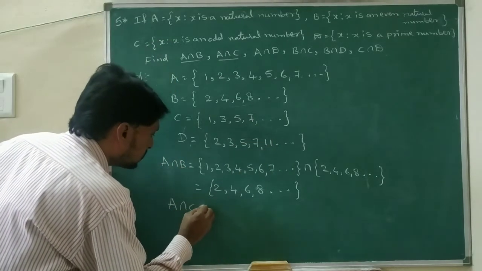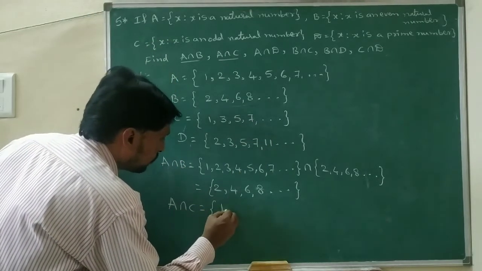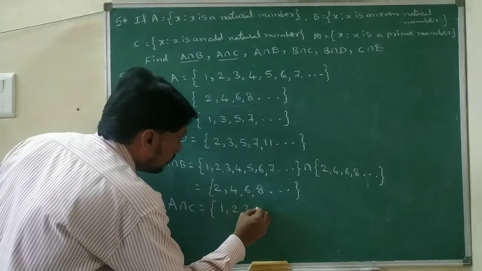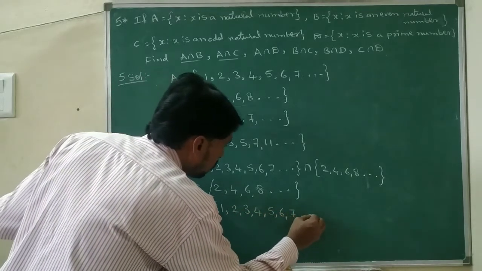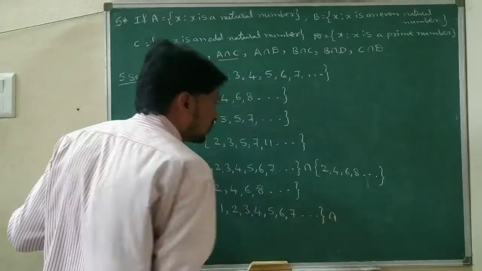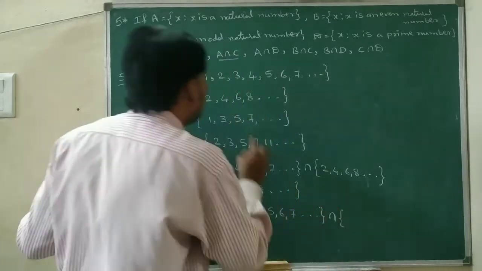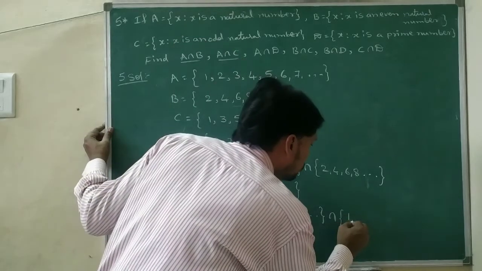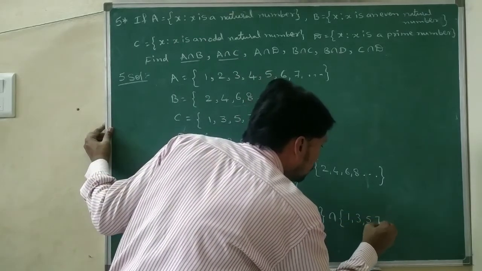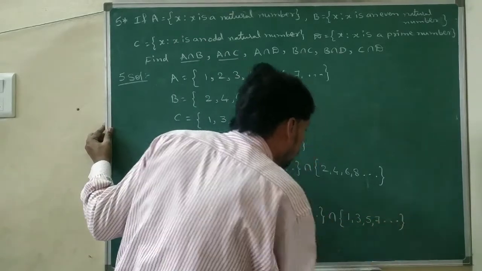Now A intersection C. So A means 1, 2, 3, 4, 5, 6, 7, and so on, intersection C. What is C here? Odd natural numbers, 1, 3, 5, 7, and so on.